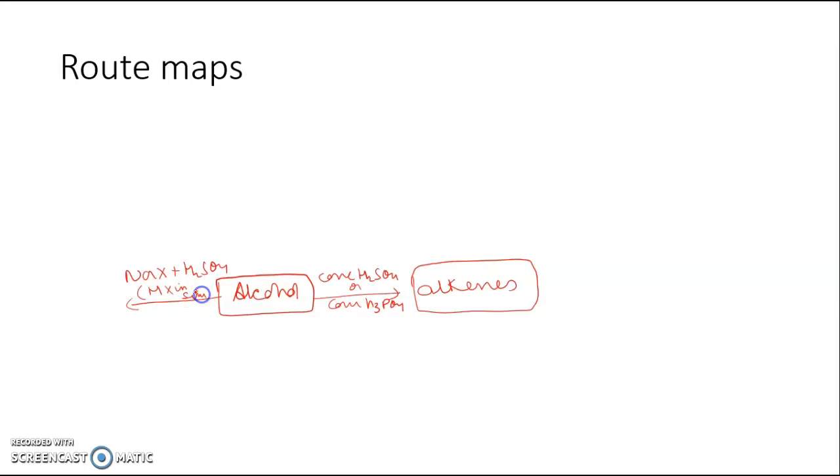So you're writing these things as a memory aid, something to remind you that you will get a haloalkane in this reaction. And when you put in situ there, that would jolt your memory that actually the HX is not a reagent here, but you've actually taken NaX and H2SO4.